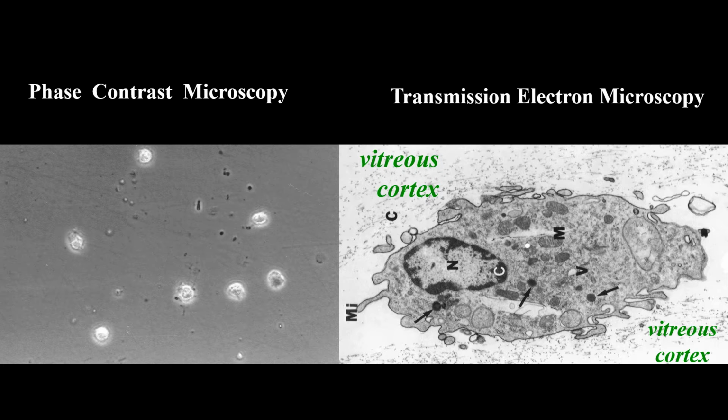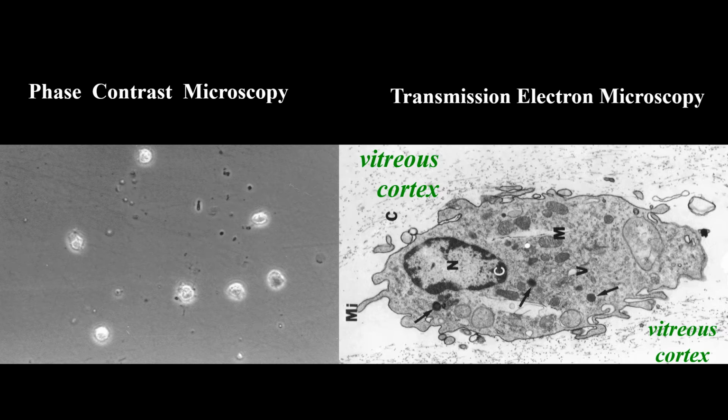Phase contrast microscopy demonstrated that these spots result from mononuclear phagocytes that are located in a monolayer originally believed to be 50 to 75 microns anterior to the ILM, but we now know that these can be located anywhere from 10 microns to a few hundred microns anterior to the inner limiting membrane of the retina.